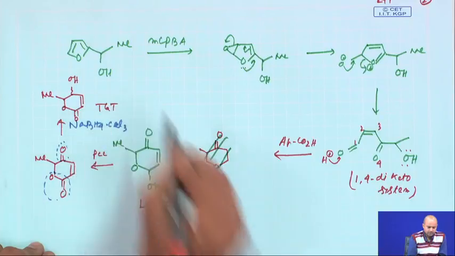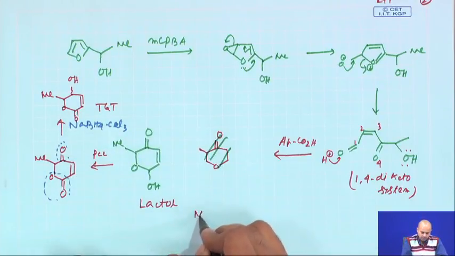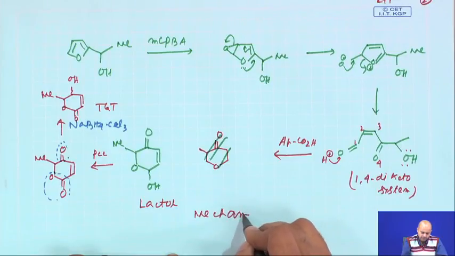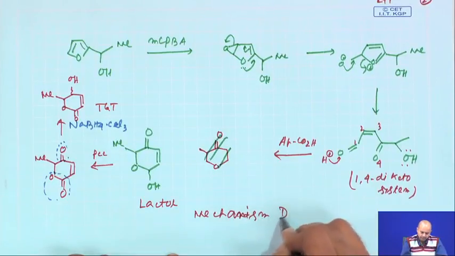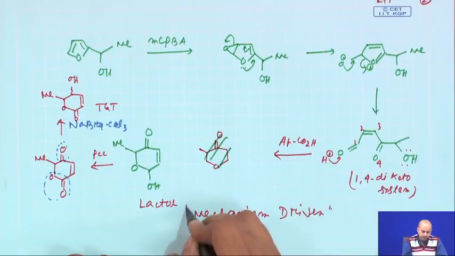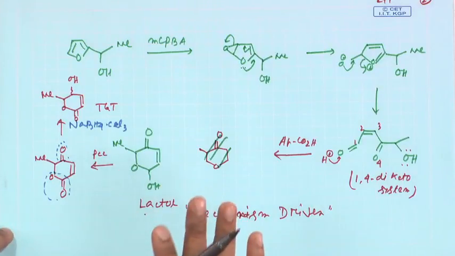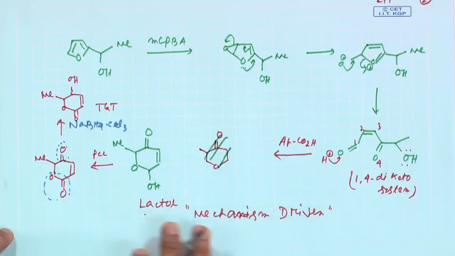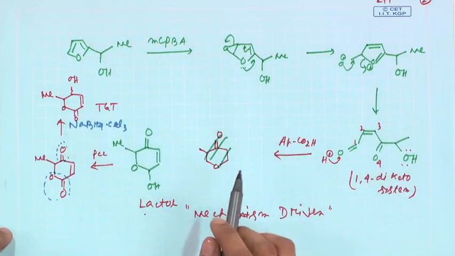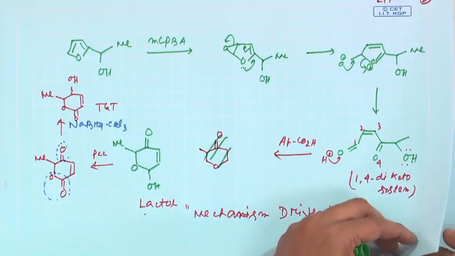So, the entire pathway is purely mechanism driven. If you know the mechanism of the Achmatowicz reaction, it is a mechanism-driven pathway. You can also categorize the entire strategy as a transformation-based approach, a starting material-based approach, or a functional group approach, no matter, but eventually if you are quite sure about the mechanism, then the mechanistic pathway will tell you the furyl carbinol can efficiently be converted to the corresponding 6-membered lactone or 6-membered lactol, basically a hemiacetal, which can be oxidized back.